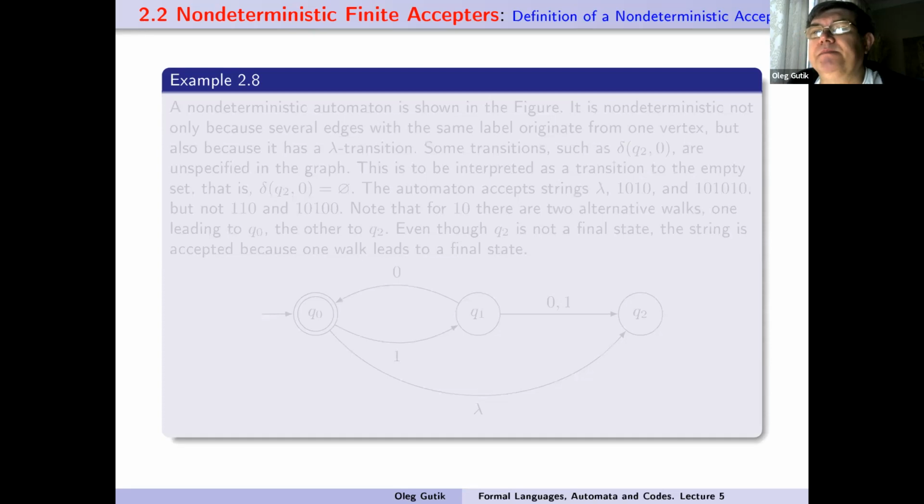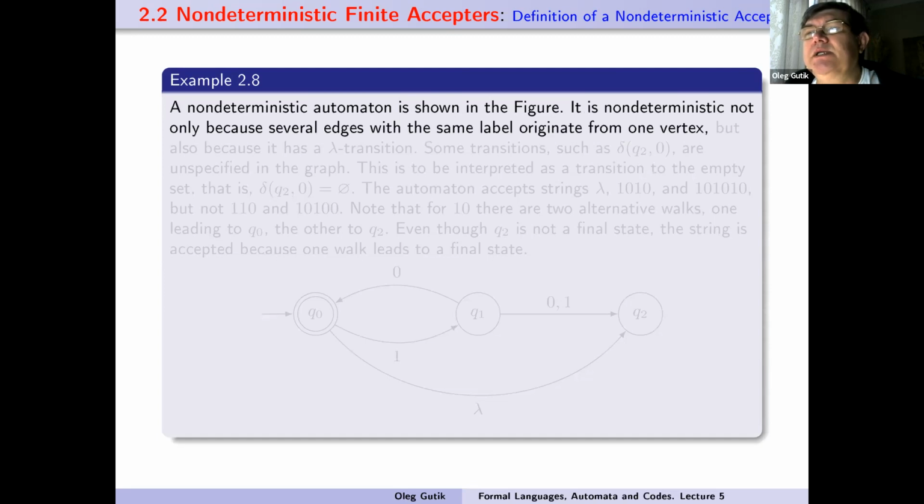The next example. The non-deterministic automaton is shown in the figure. It is non-deterministic not only because several edges with the same label originate from the vertex, but also because it has an empty set transition or lambda transition.